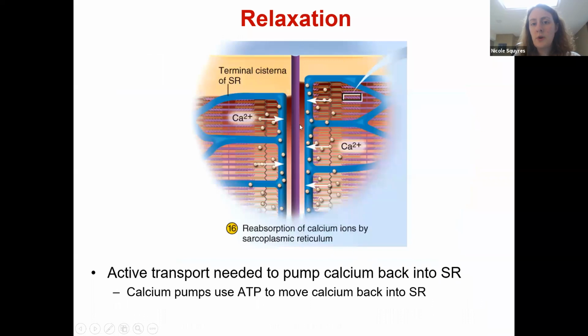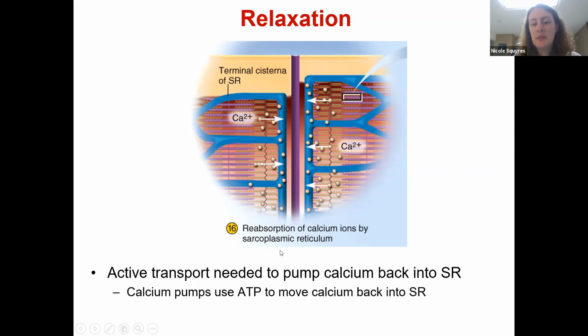So when you no longer have an action potential in the muscle membrane, you're no longer going to be releasing calcium from the sarcoplasmic reticulum. But you still have a bunch of calcium that was released that is floating around in that sarcoplasm. And so you need to move that calcium from the sarcoplasm back into the sarcoplasmic reticulum.